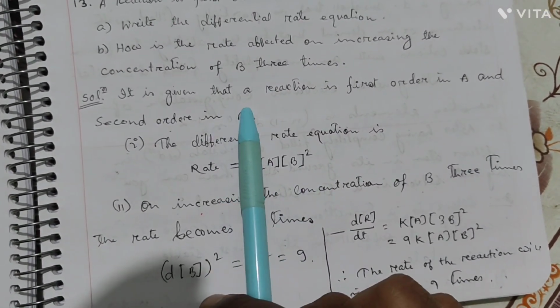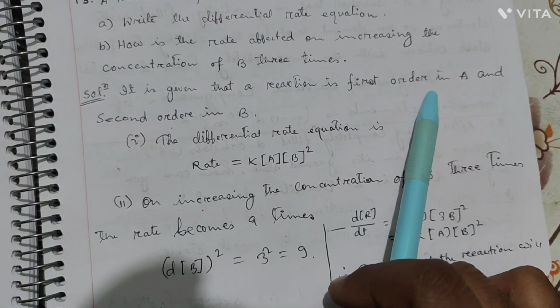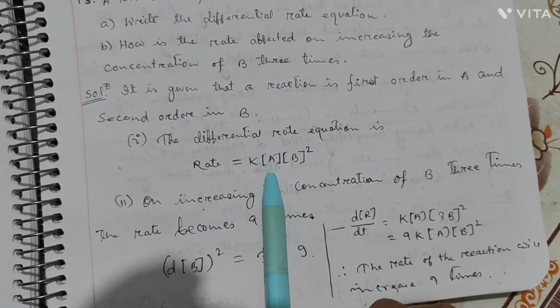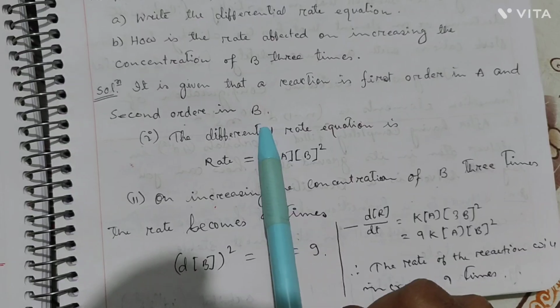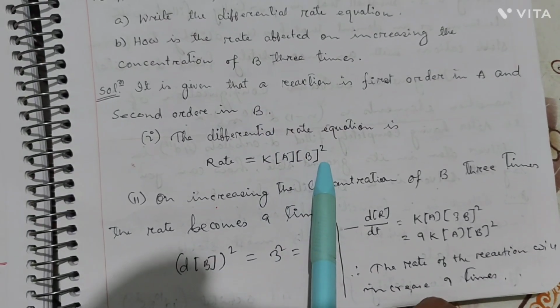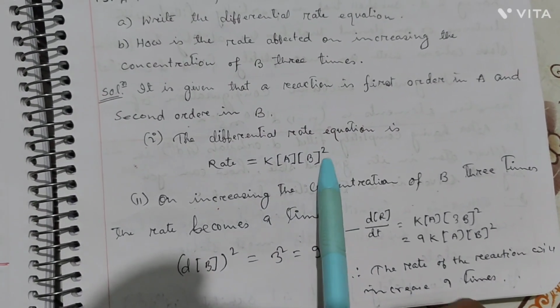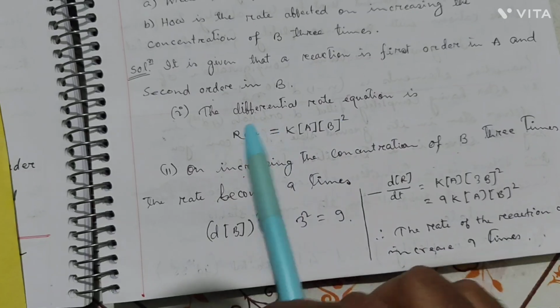Since the reaction is of first order in A, the power of A will be 1, and second order in B, that's why the power of B should be 2. So this is the rate equation.